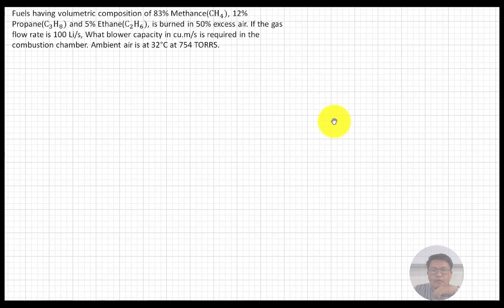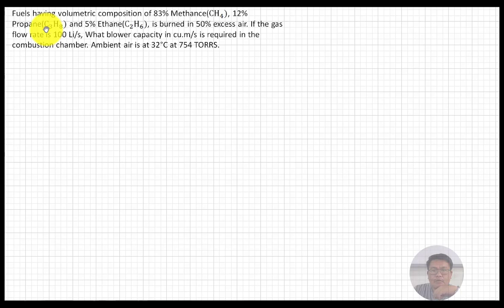So let's have our sample problem. A fuel having a volumetric composition of 83% methane, that will be CH4, the chemical formula for that one. And we have 12% propane, that will be C3H8, and we have 5% ethane, that will be C2H6. It is burned with 50% excess air.